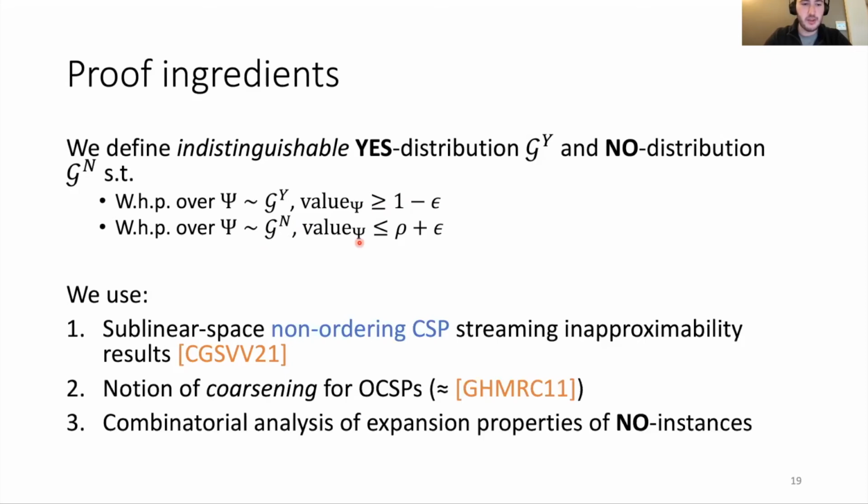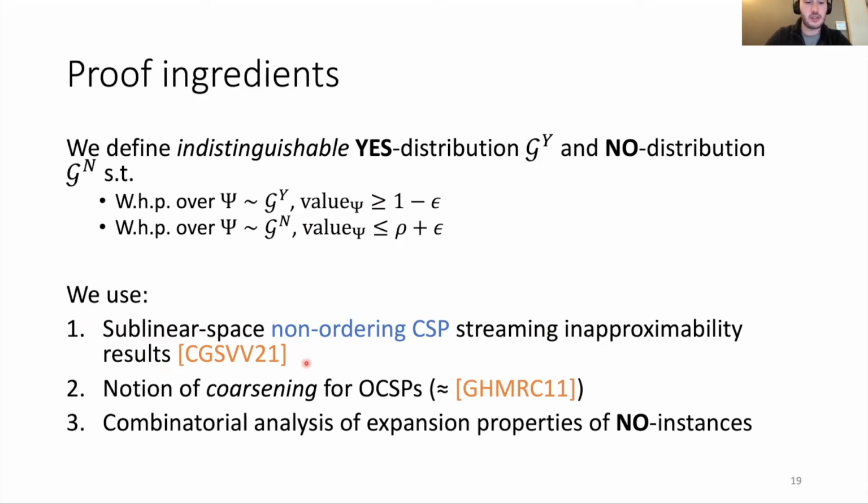And then we combine three different results or techniques in order to conclude the streaming inapproximability. Firstly, we use the streaming inapproximability results for sublinear space algorithms, which were recently proven for various non-ordering CSP problems. And I'm going to define more carefully what a non-ordering CSP is in the next couple slides.